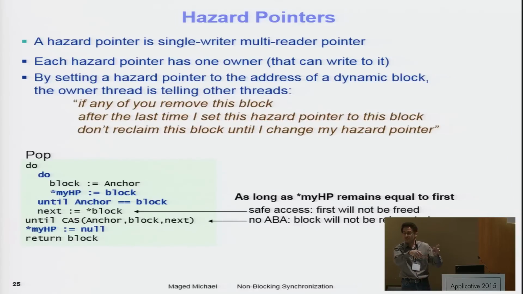The two problems that we were having with this operation are solved: dereferencing that pointer is safe because we know it's there and not freed, and also, for this example, the ABA problem will not happen because we know that block will not be put back in the data structure. So that's basically what the reader does, the thread that is traversing. That's all it does.